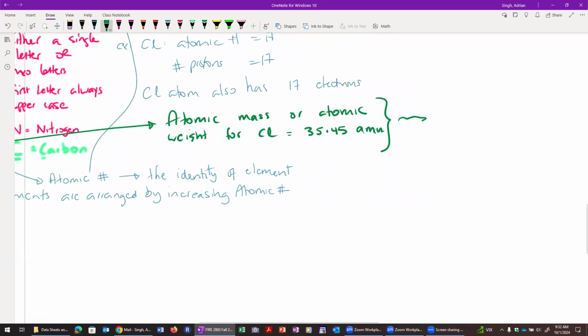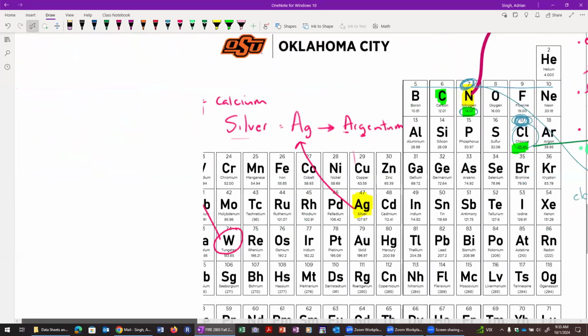So we technically refer to that as the weighted average. It takes into account how abundant the different forms of chlorine are in the environment, and then it averages all of that together to give you that average atomic mass of Cl, 35.45 AMU, and you can see that for all of the elements on the periodic table.